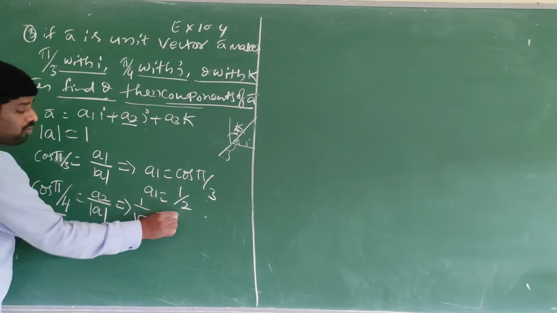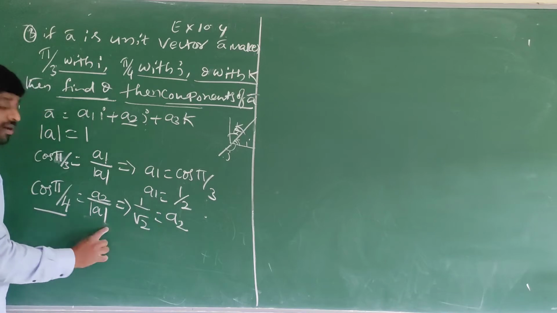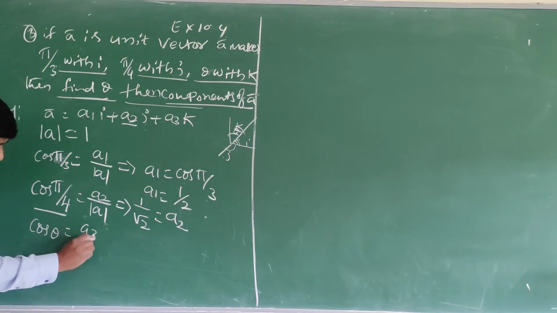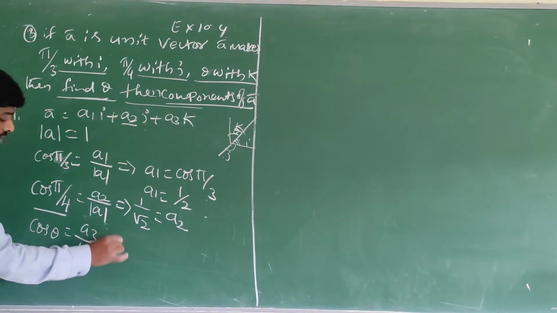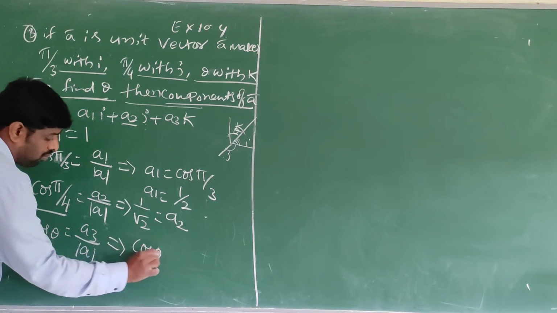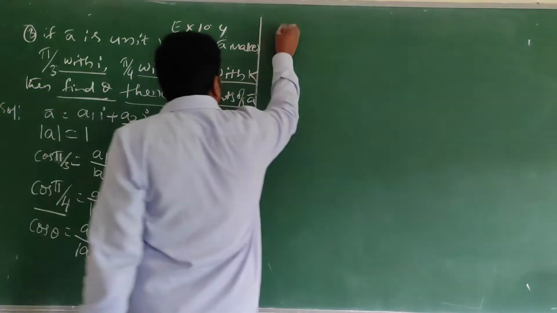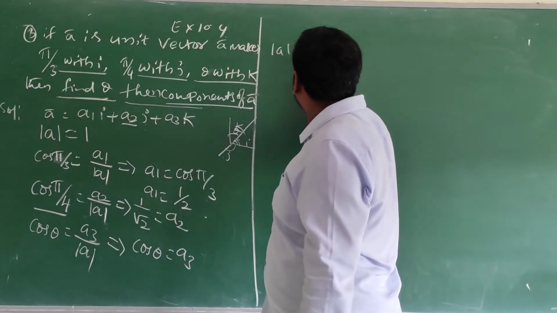That is A2 as it is, since the magnitude of A bar is 1. And again theta with K cap. That is cos theta equal to A3 divided by the magnitude of A bar. Therefore, cos theta equal to A3. Now, the magnitude of A bar equal to 1.